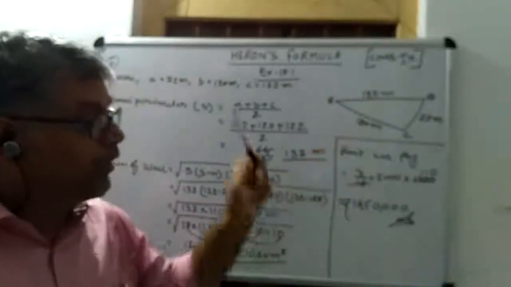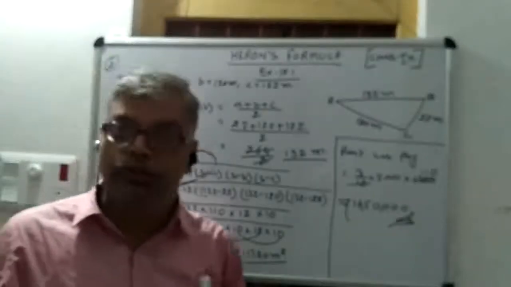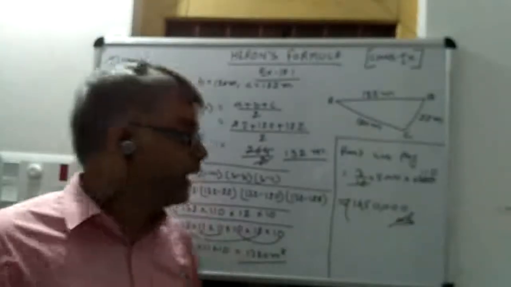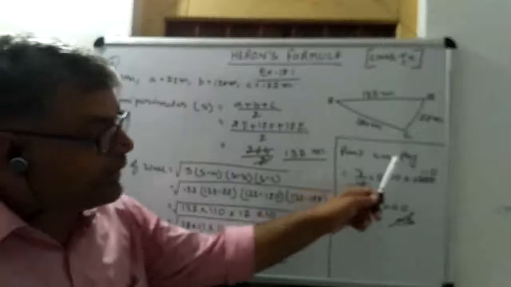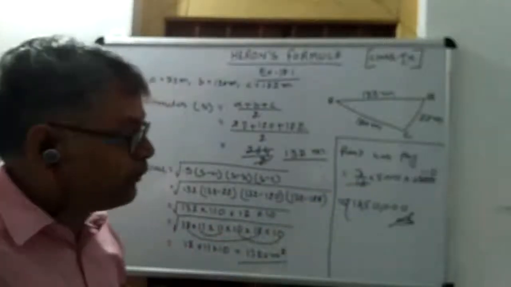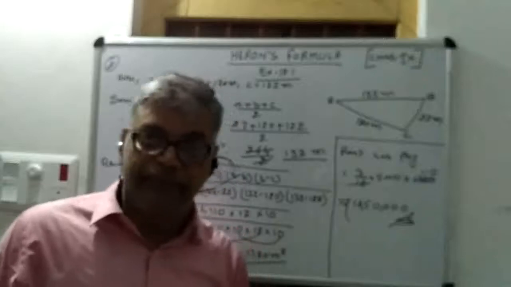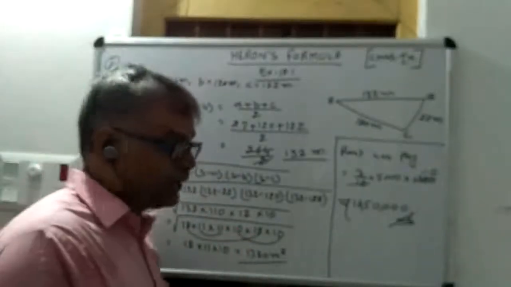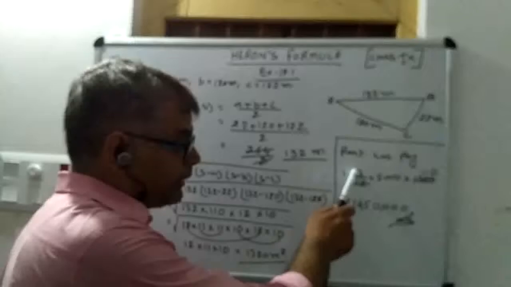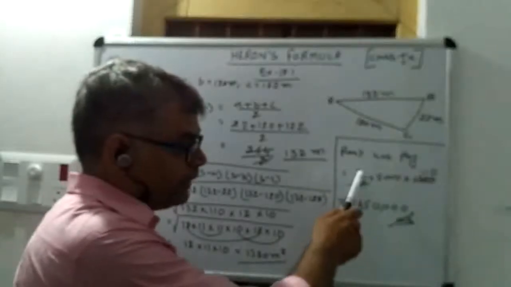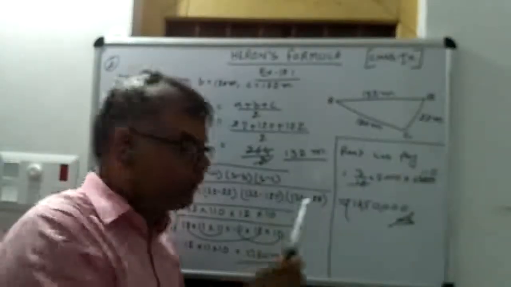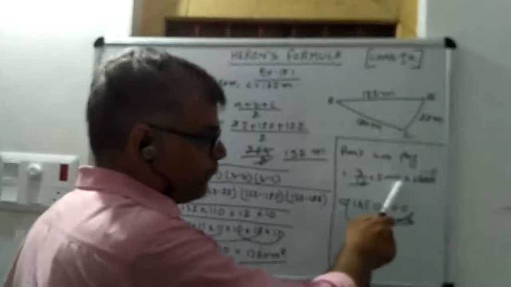After getting the area of this wall, which is used for advertisement, now we have to calculate its rent. The rent was 5,000 per meter square annually. The company has hired for 3 months only, so we divide 3 by 12, because 1 year equals 12 months, into 5,000.